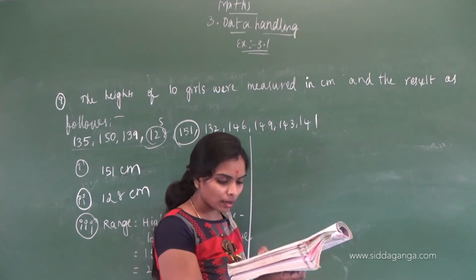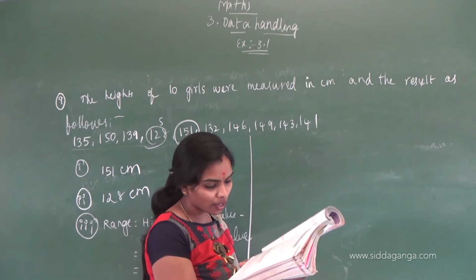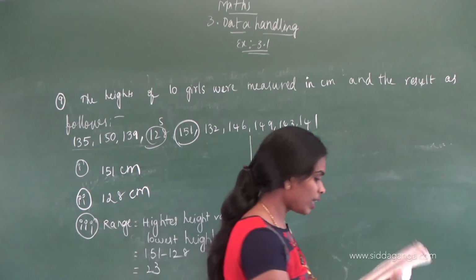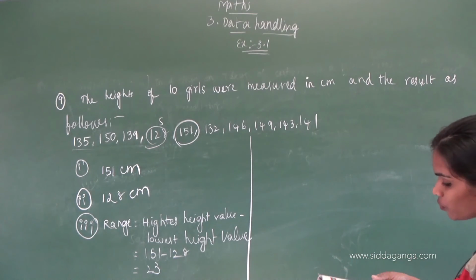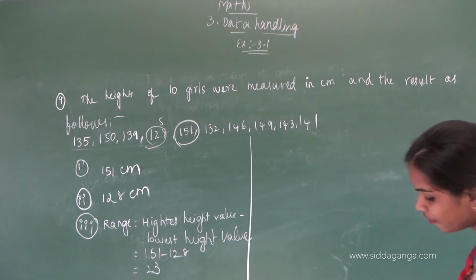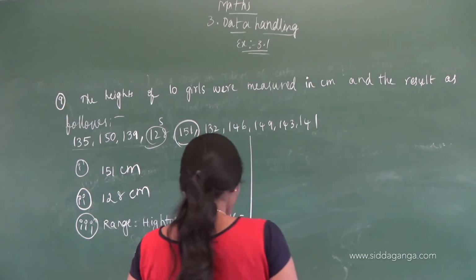And next question: what is the mean height of the girls? That means we have to take the mean. What is mean? Arithmetic mean, that is average. What is the formula for average?